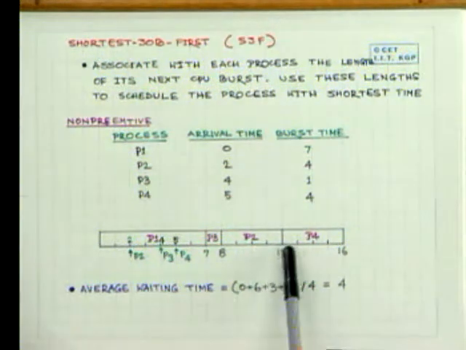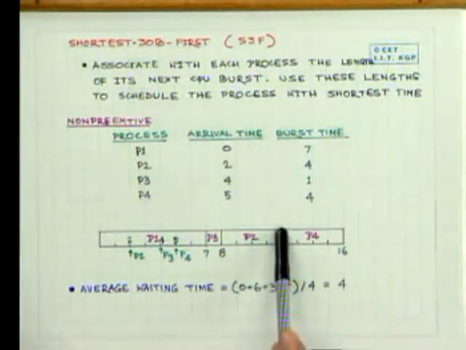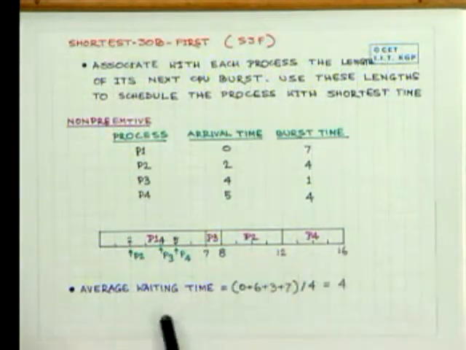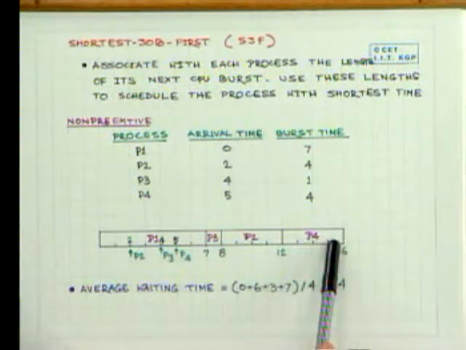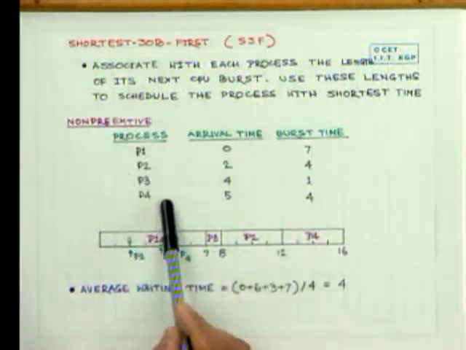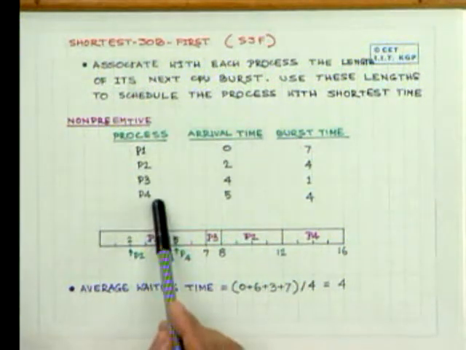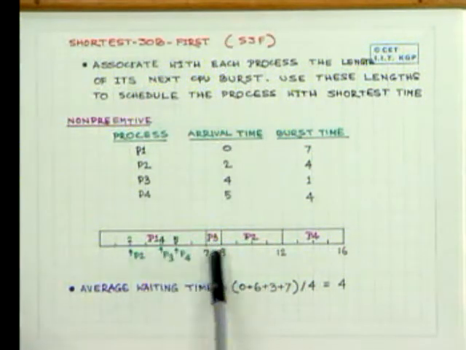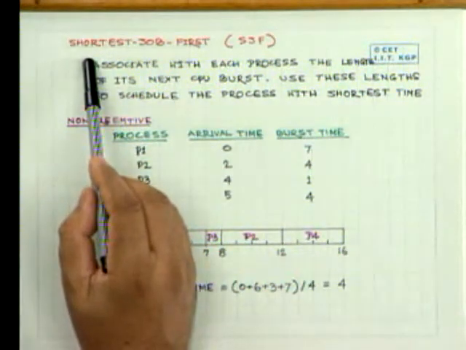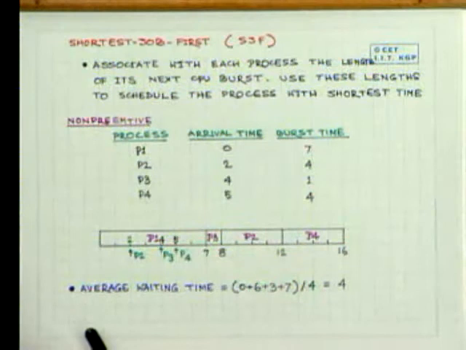After P2 completes its task and goes to the IO wait, P4 is scheduled at 12 milliseconds. This is the complete picture of how P1, P2, P3 and P4 will be scheduled by the shortest job first scheduling algorithm.